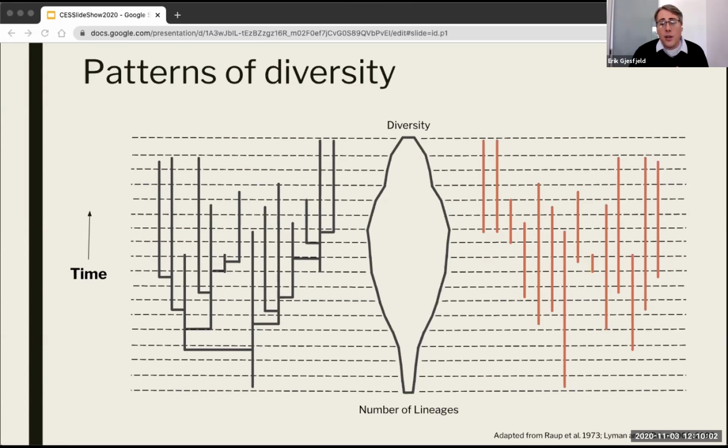We only need to know the duration or lifespan of the different lineages: the time of first emergence and the last time we see these lineages exist. With that information, we can get roughly the same ending point, which is something like this, a clade diversity diagram, in which we can identify how diversity changes through time.